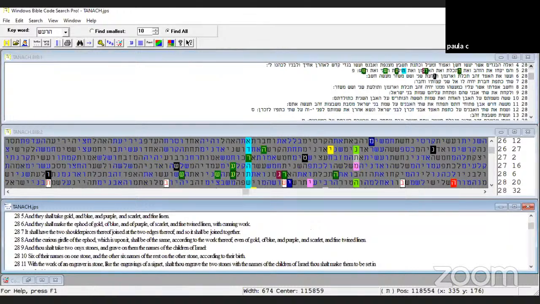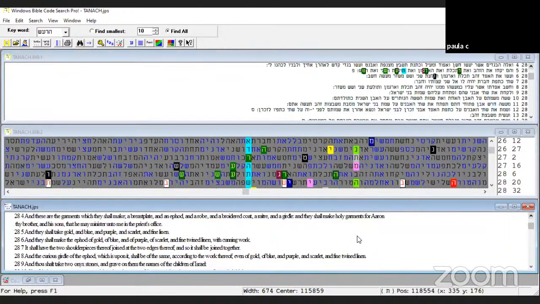Okay, so 28:5. And these are the garments which they shall make: a breastplate and an ephod and a robe and a broidered coat, a mitre and a girdle. And they shall make holy garments for Aaron, thy brother, and his sons, that he may minister unto me in the priest's office. And they shall take gold and blue and purple and scarlet and fine linen.